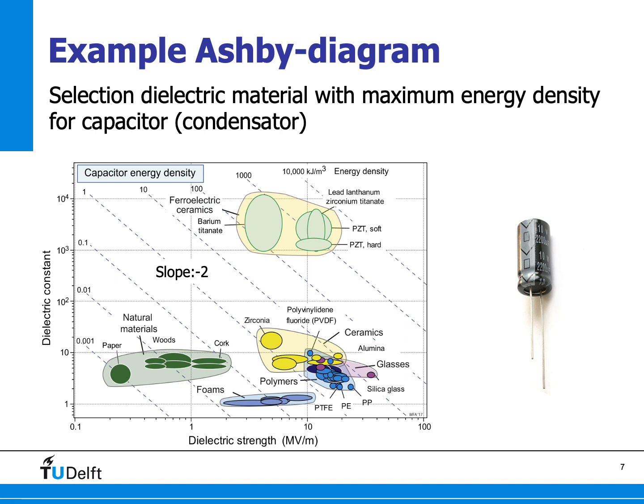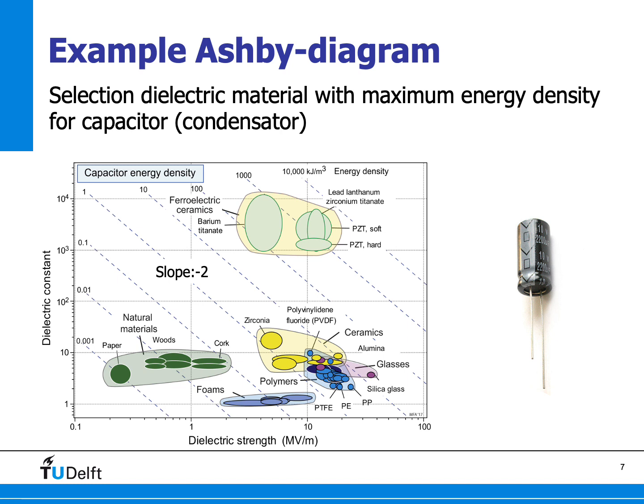In this case the energy density is 1 kilojoule per cubic meter, and as you move in this direction you see, for example, materials that have an energy density of 1000 kilojoule per cubic meter. So all the materials that lie on this line have the same energy density. So this is very convenient.